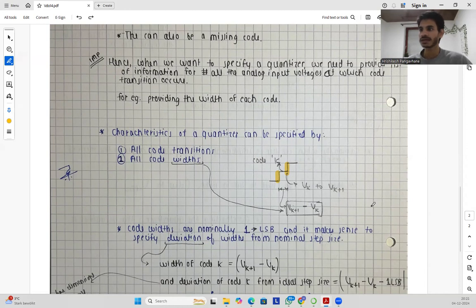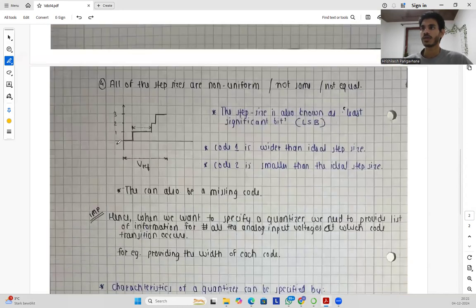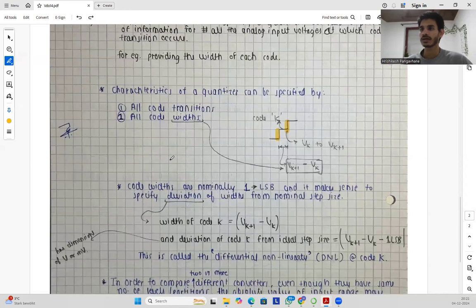It makes sense to specify the deviation of the widths from the nominal step size instead of providing all the widths, because in a quantizer not all widths are uniform. So we decide an LSB, and then we specify the deviation of the widths from the nominal step size.